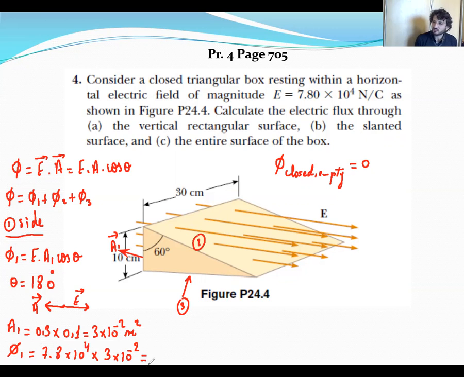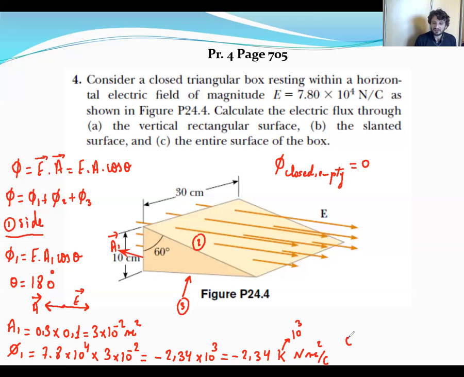We get flux 1 equals minus 2.34 times 10 power 3, or minus 2.34 K, where K is kilo, equal to 10 power 3.